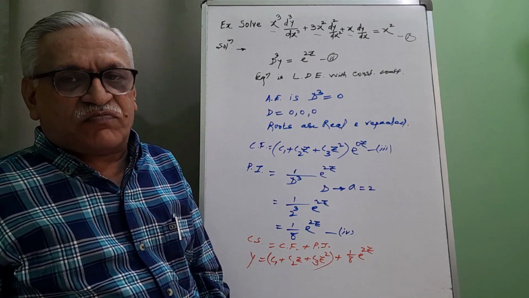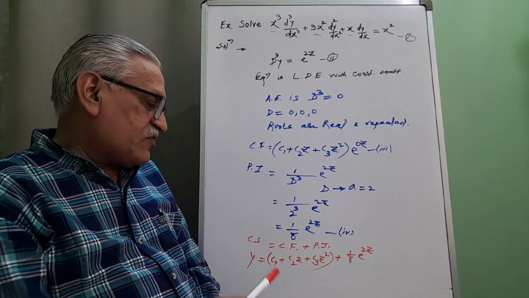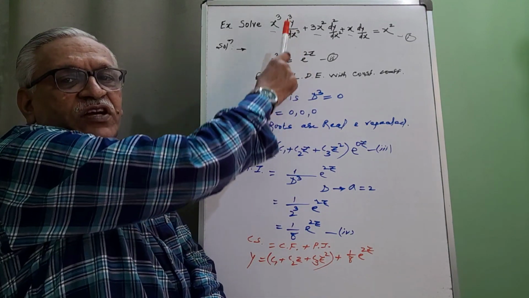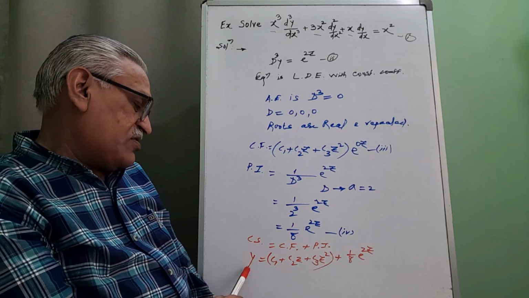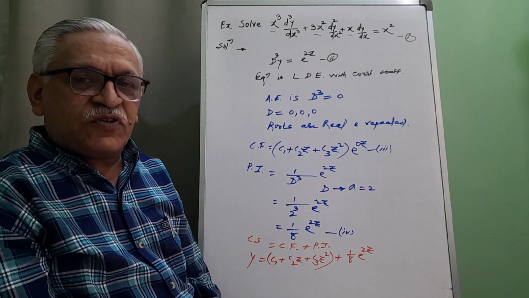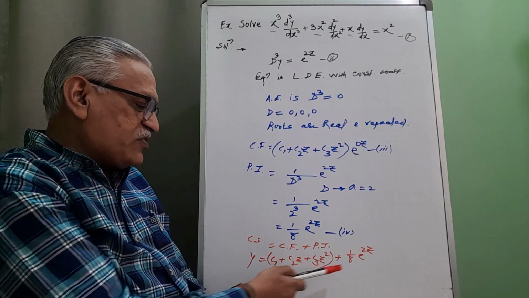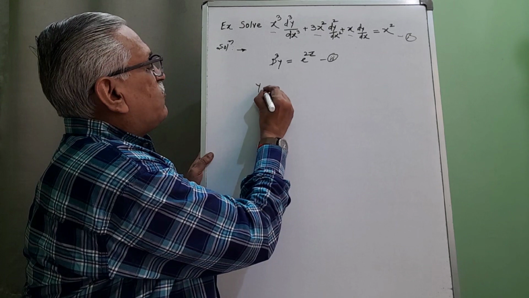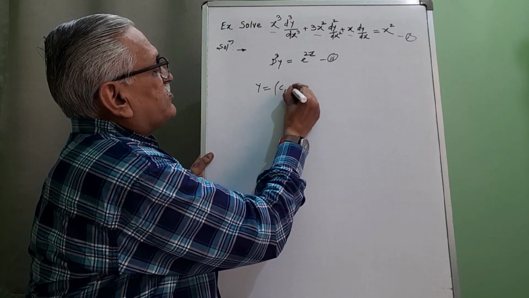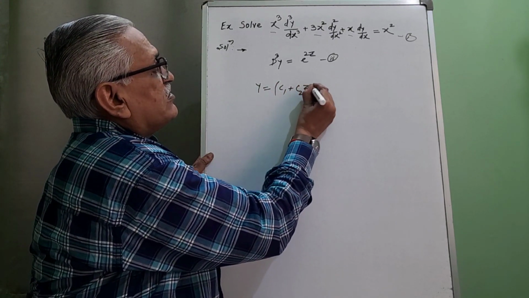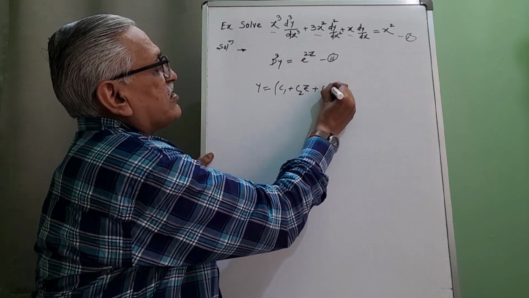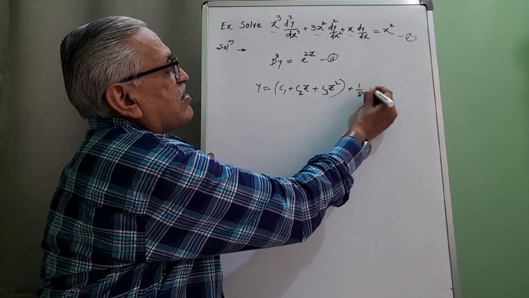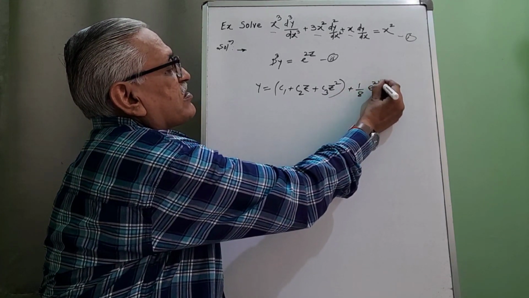This is the required solution, but the original equation is in terms of x and y, therefore the required solution also must be in terms of x and y. Therefore, once again we have to convert z in terms of x, and here we have y is equal to C1 plus C2z plus C3z square and plus 1 by 8 e raised to 2z.